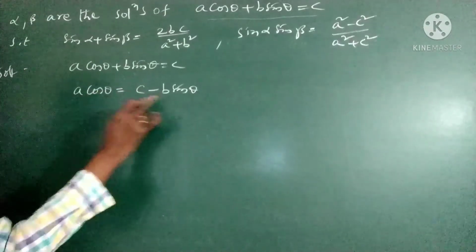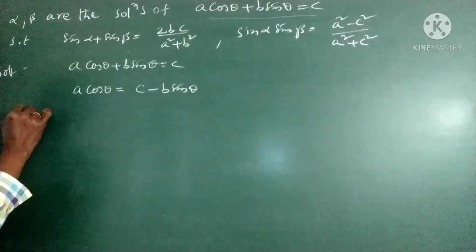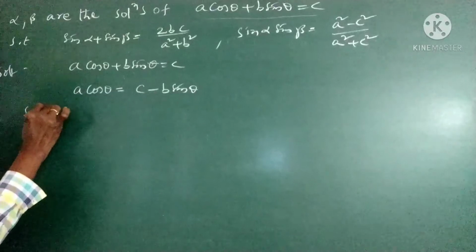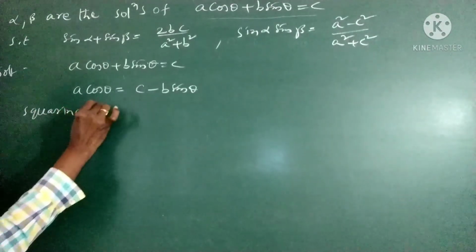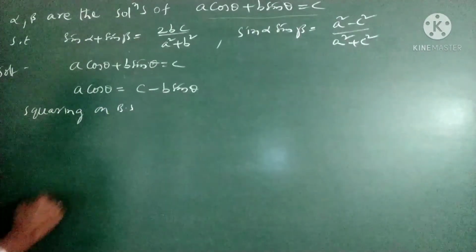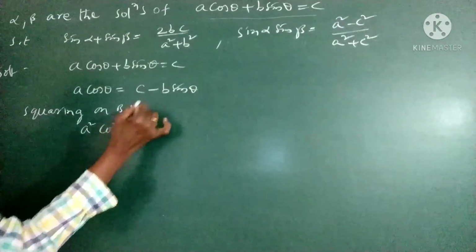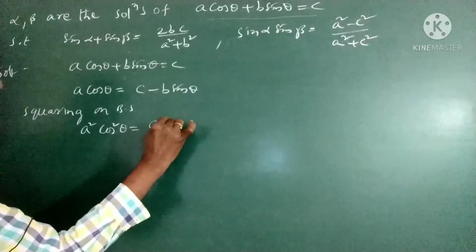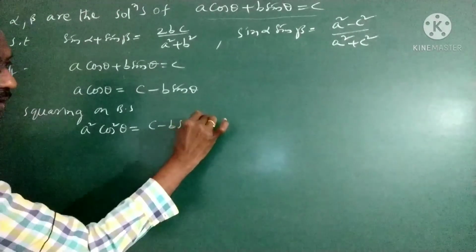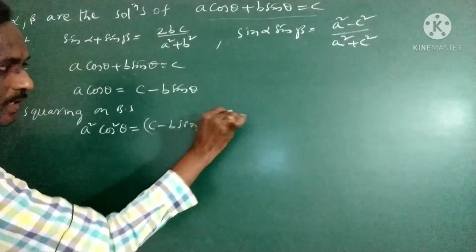Now squaring on both sides, you will get a square cos square theta equals c minus b sin theta whole square.